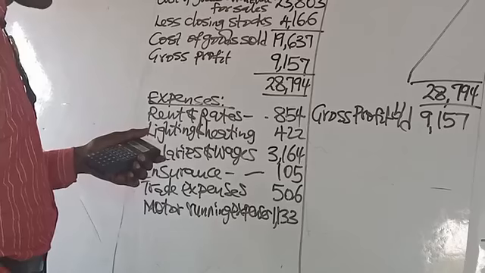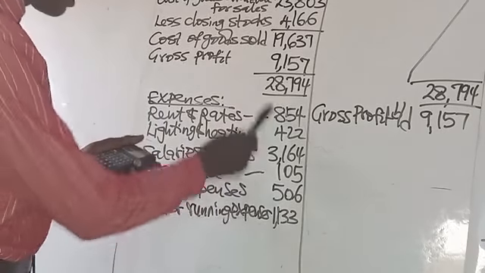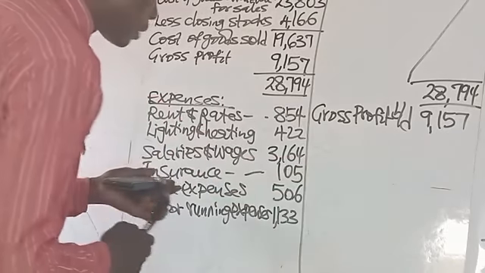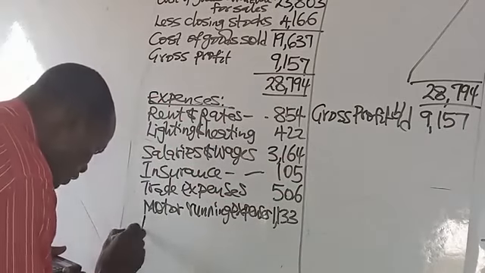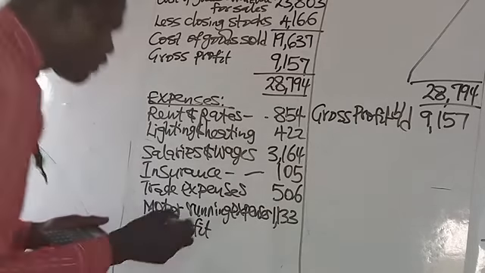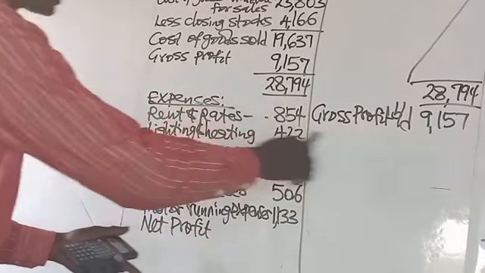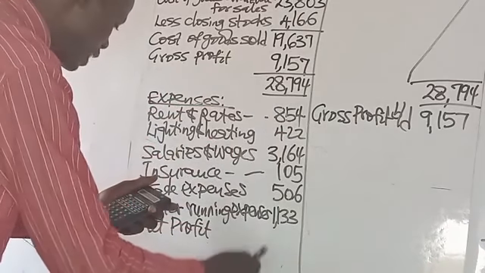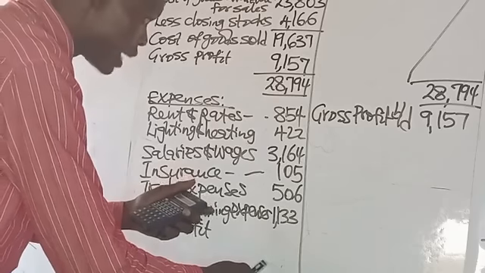6,184. You now subtract the total of all the expenses from our gross profit of 9,157. Then you arrive at the net profit. It is a net profit because the gross profit is greater than the sum of all the expenses. Remember, the sum of all the expenses is 6,184.